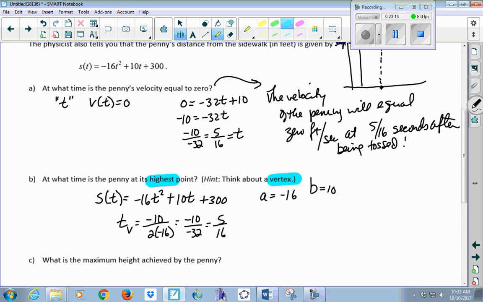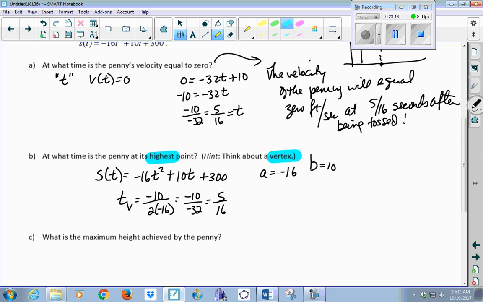Now I have to find how high that is, the actual maximum height. So to find that, I plug in 5/16 for t, and I do my arithmetic to find the value of the height above the ground of my penny at time t equals 5/16.